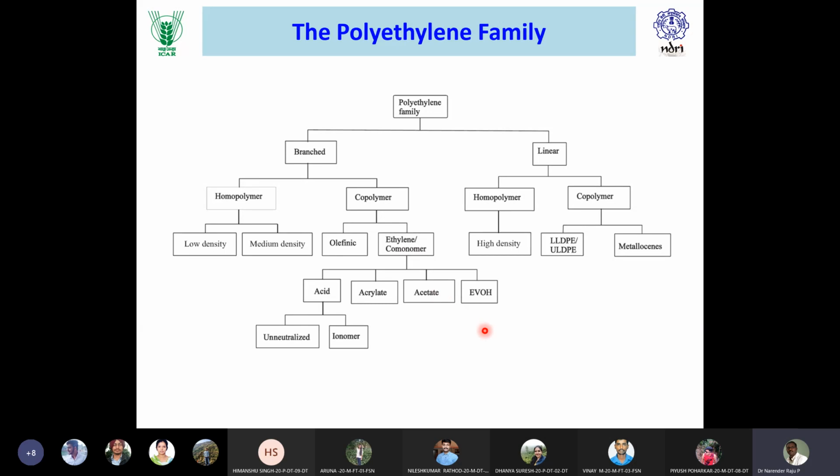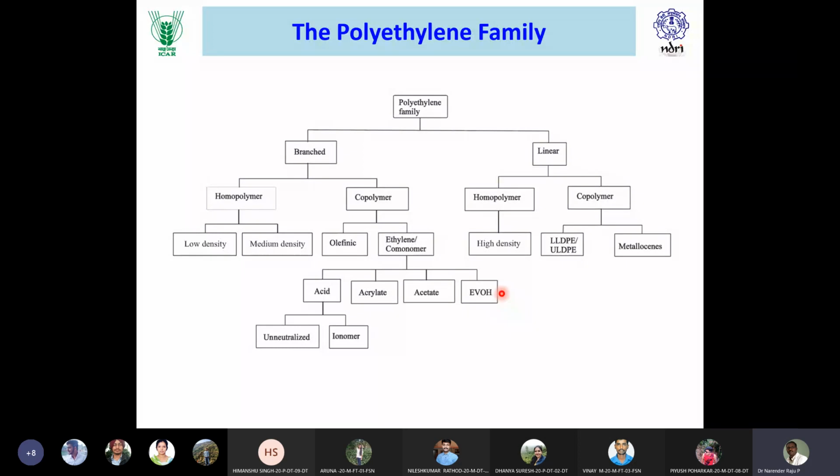Now, this vinyl alcohol has exceptionally high gas barrier properties, but because of the polar OH group, it is prone to be water soluble and also difficult to process.